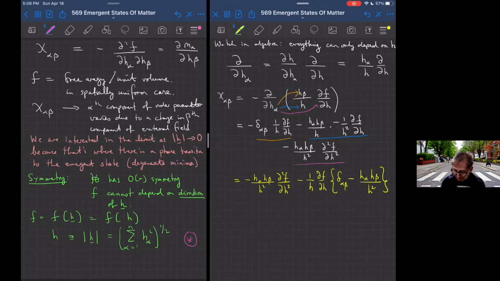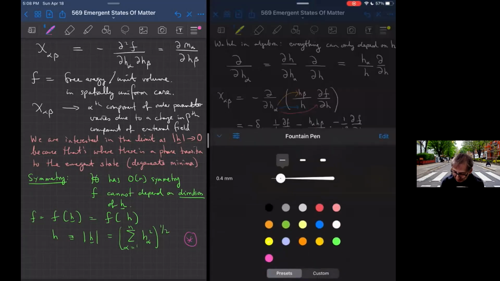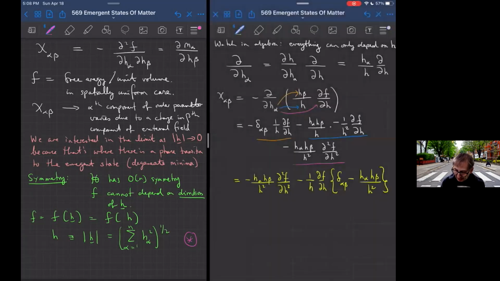Okay, so you're probably realizing what these terms represent. This term on the right-hand side, some of you will recognize as a transverse projection operator, and indeed that's what it is. It's going to end up being the transverse part, and the other part is the longitudinal one.